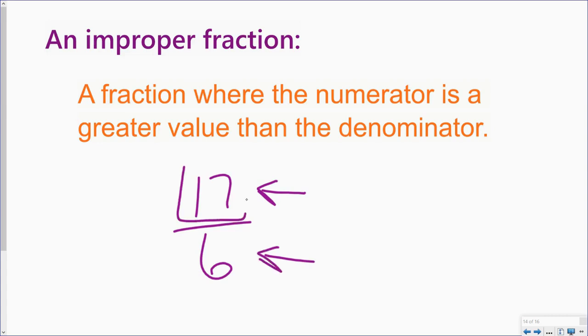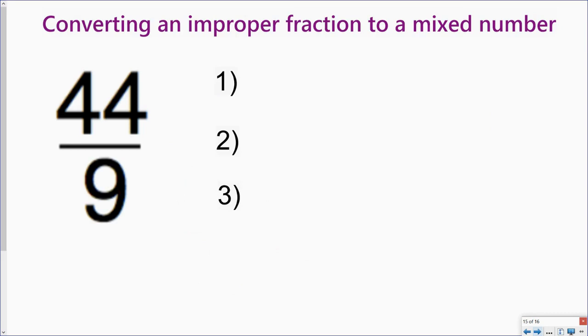So 17 is bigger than 6. Let's take a look at this one here. We have 44/9. Again, 44 is larger than 9, so the numerator is larger than the denominator.